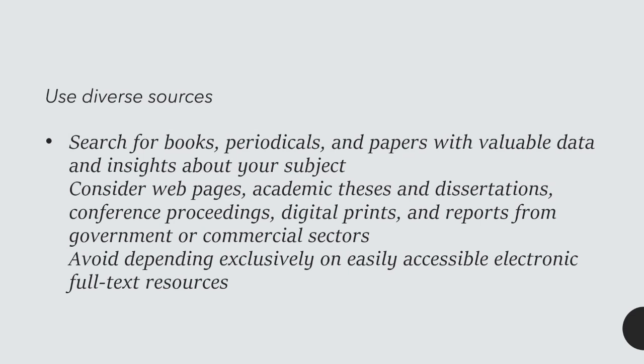So you need to be very critical of the journal articles that you access and what the standing of the journal is, and then also what the standing of the article is. So be wary and don't exclusively depend on easily accessible electronic full text resources.